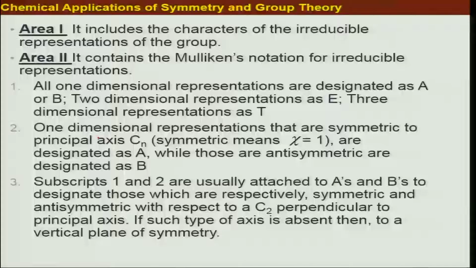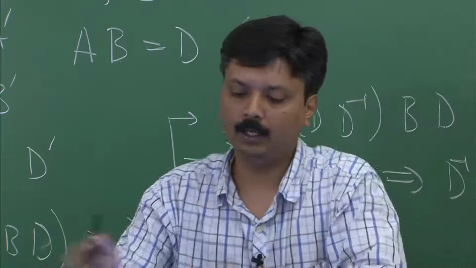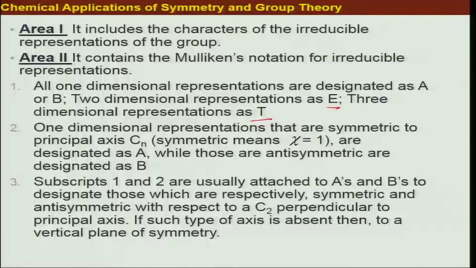Any irreducible representation which has dimension 2 is termed as E, while an irreducible representation having dimension 3 will be termed as T, as it is written here. Now after assigning A or B or T or E for this particular IR based on their dimensionality, we move a little further. So let's see what those are.